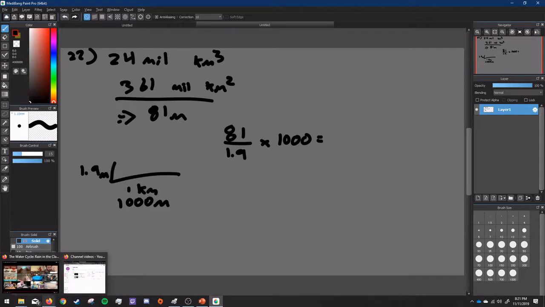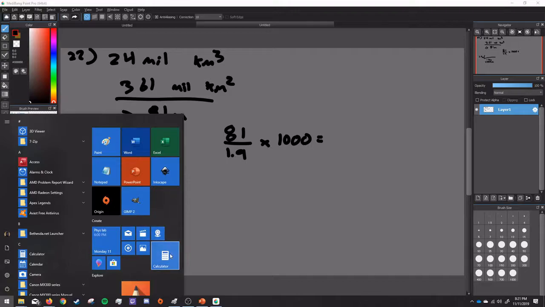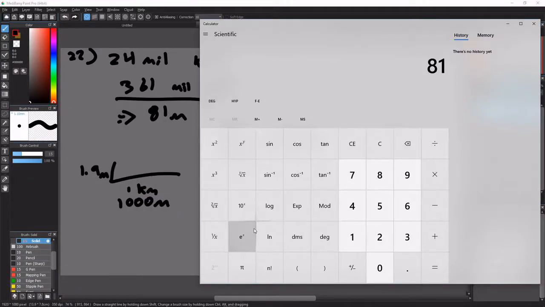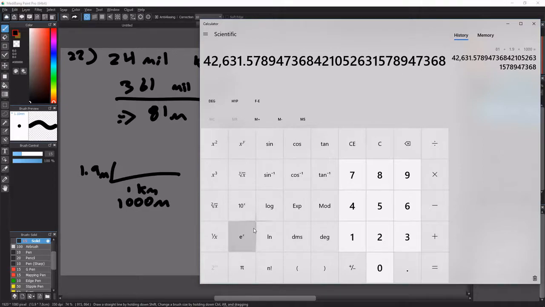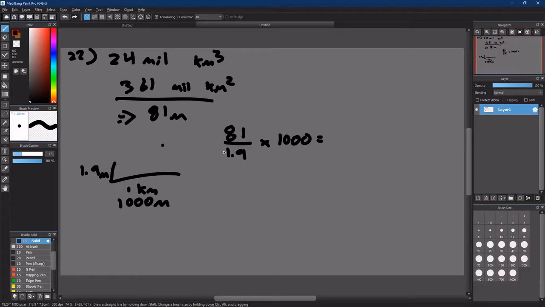So 81, and my calculator died. So 81 divided by 1.9, multiply that by 1,000. And that's how many meters it would go inland. So that would go about 42 kilometers.